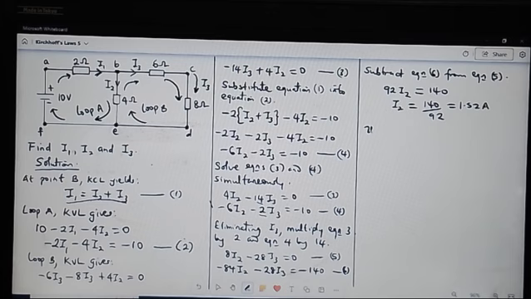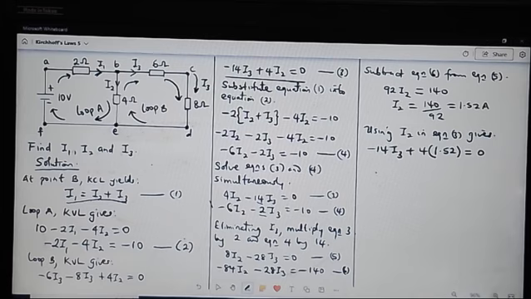Using I2 in equation 3, this is equation 3 here: minus 14I3 plus 4 into I2, where I2 is 1.52, all equal to 0.